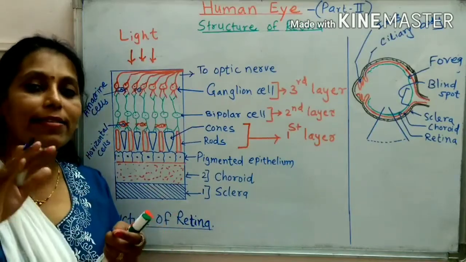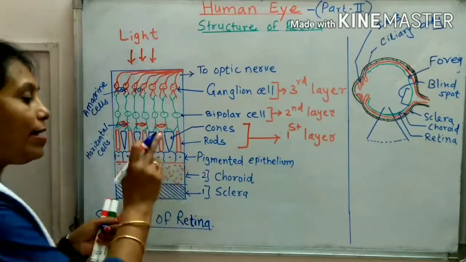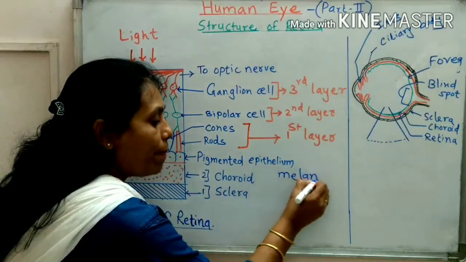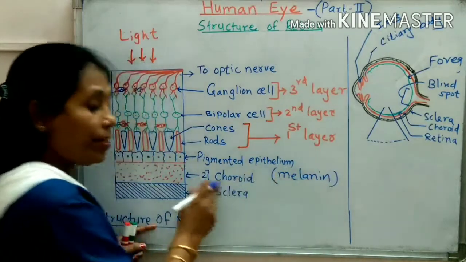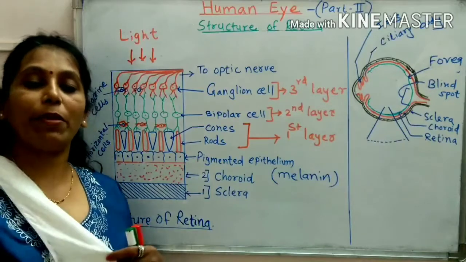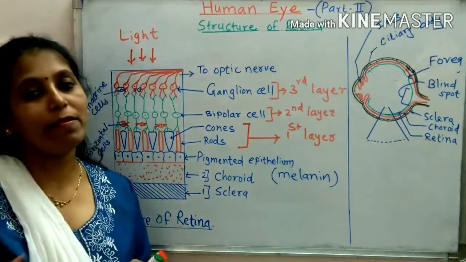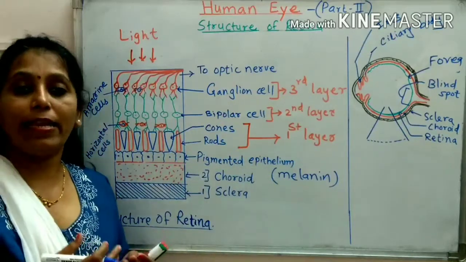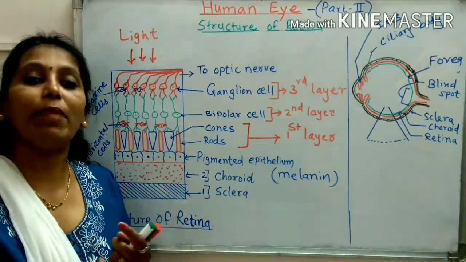Vascular means highly supplied with blood vessels. And it consists of one pigment. What is the name of this pigment? This pigment is called melanin. What is the role of this melanin? This melanin absorbs maximum light.